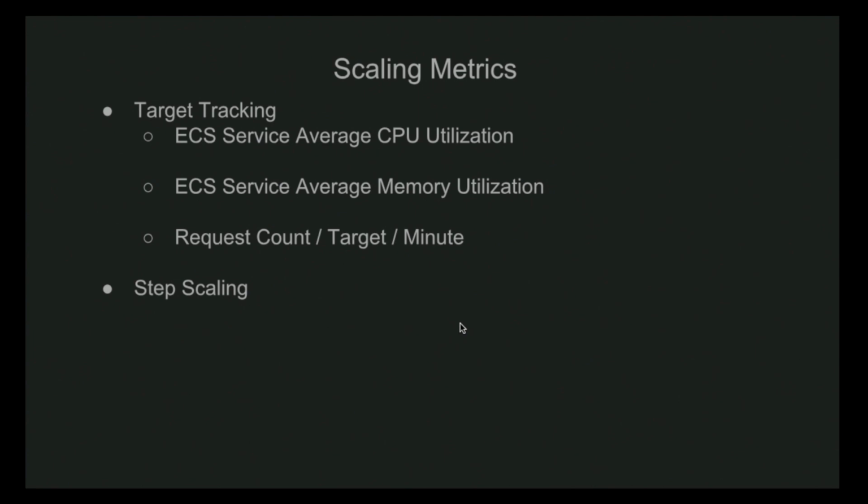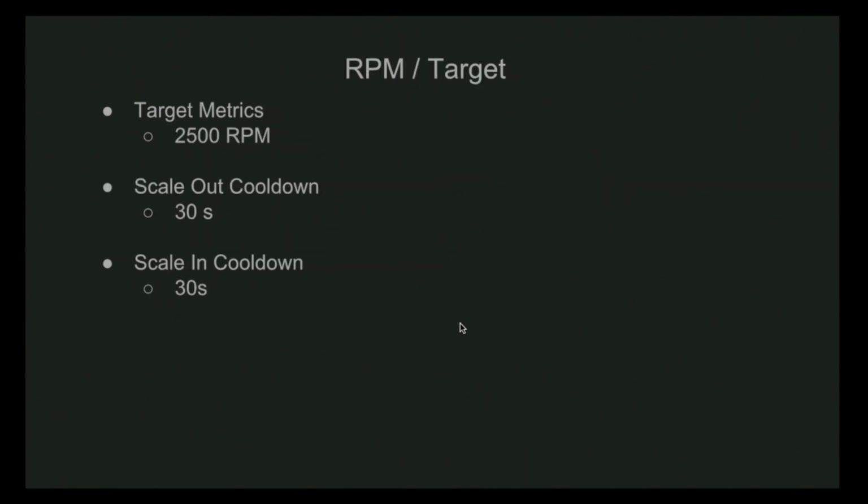I don't really want to do a lot of math on CPU for figuring out where I'm going to scale, and requests per minute is a great business metric for measuring throughput of an application. So with our RPM per target metric, we're going to start scaling at 2,500 requests per minute.